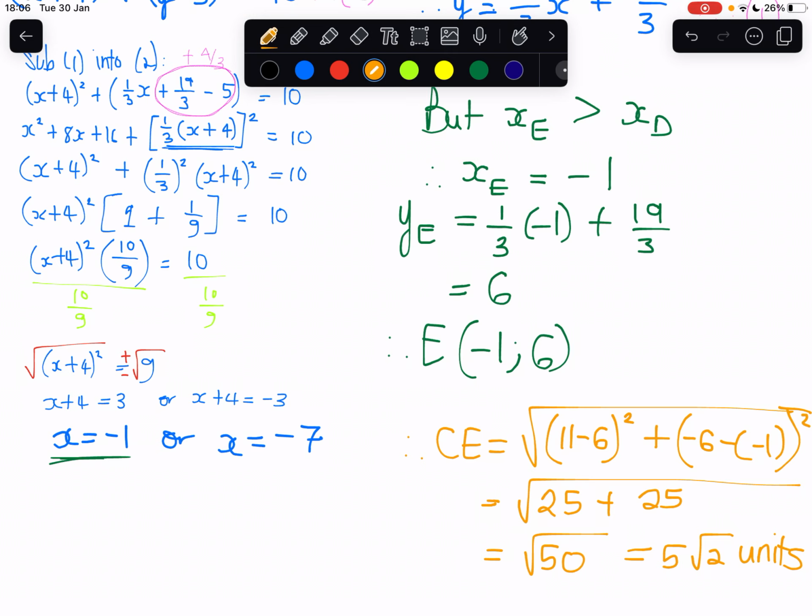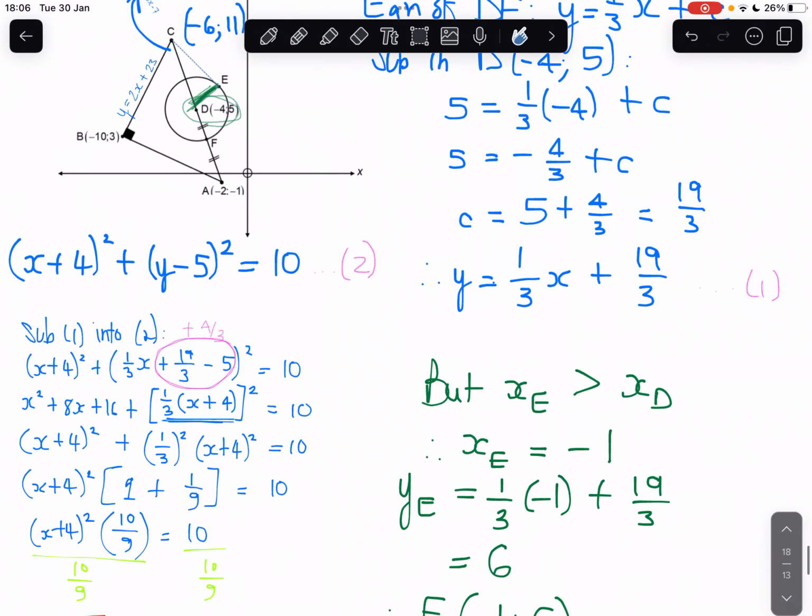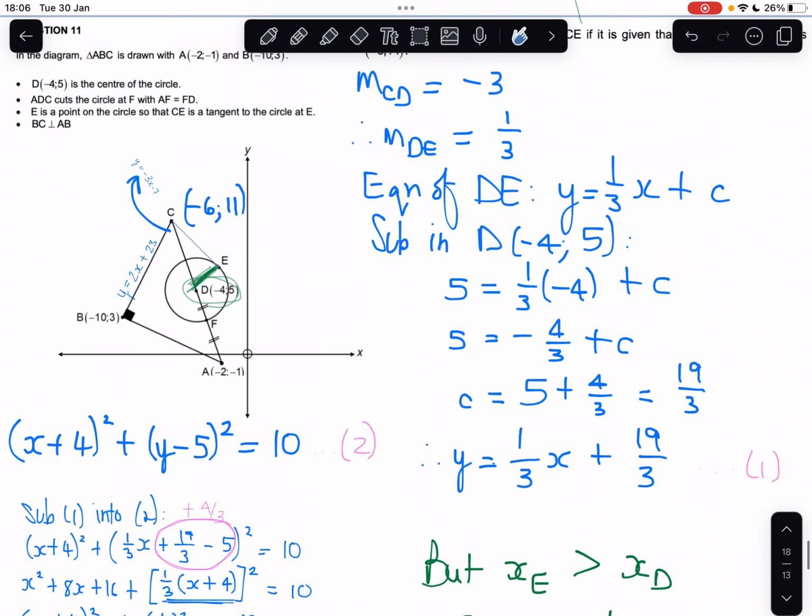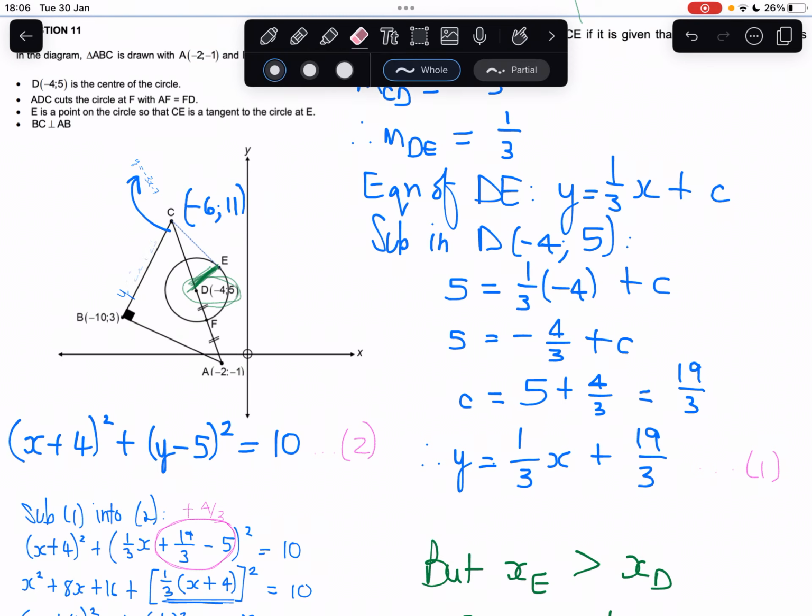Okay, so we need to figure out where I went wrong. So let us go step by step through everything that occurred. I did start by filling in a whole lot of stuff that we don't actually end up needing in the solution.